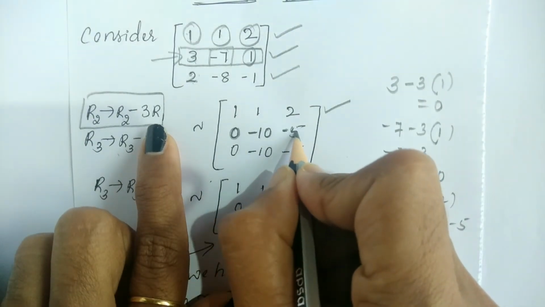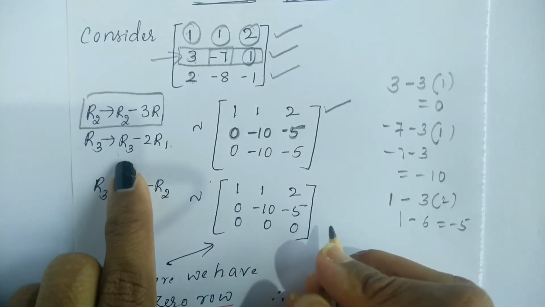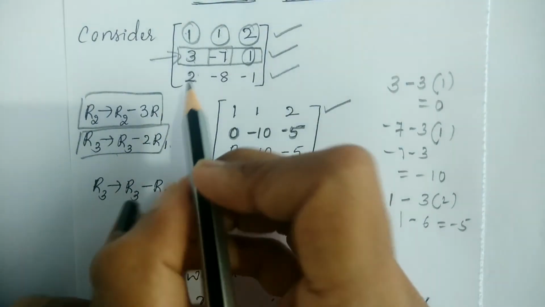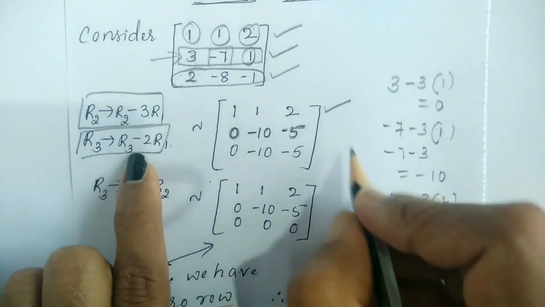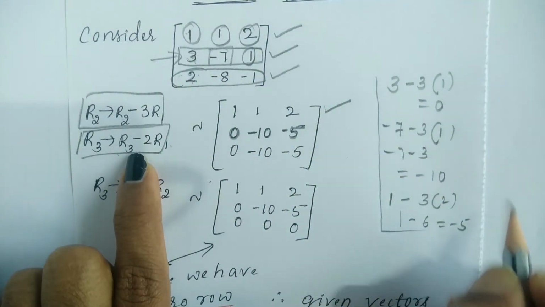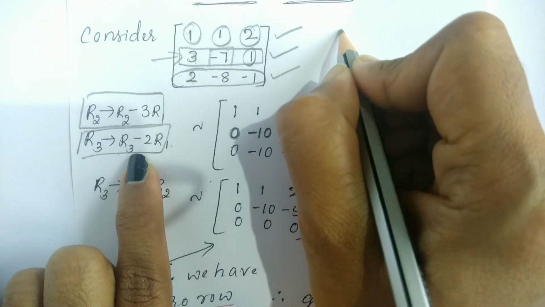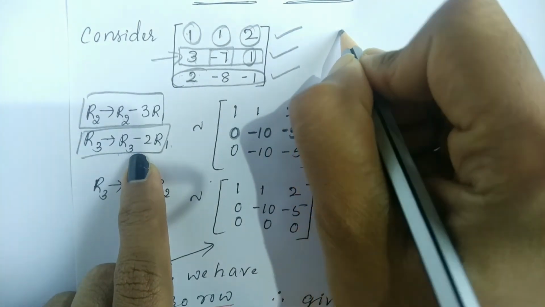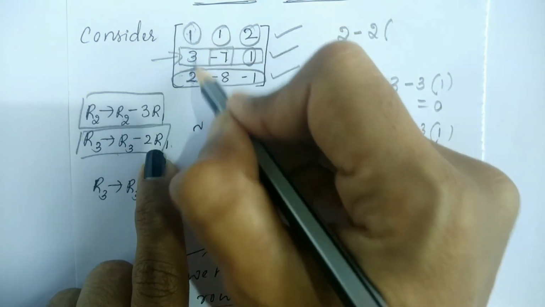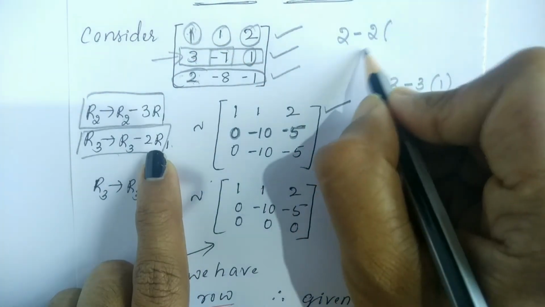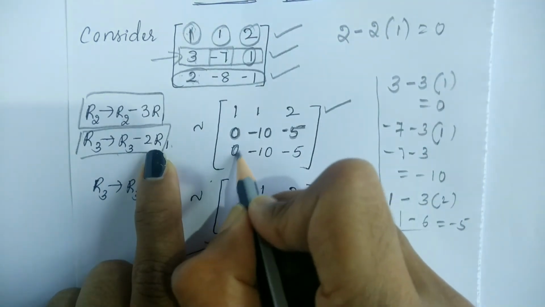Put that one. Next R3. For R3, R3 is 2 minus 2 into R1, which is 1, so the answer is 0. Put that one.